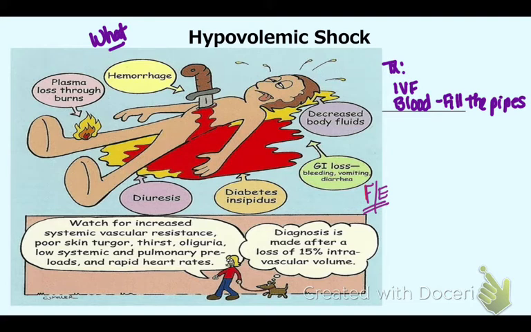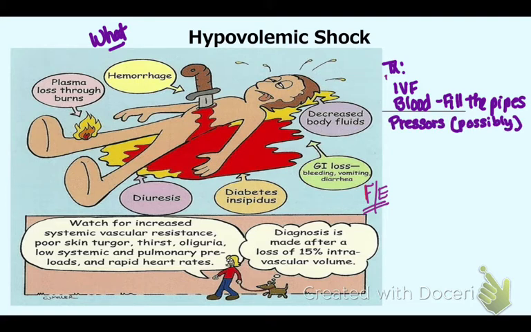And then also look at their skin turgor. Same thing with them. Oliguria. Are they urinating? Are they getting blood flow to the kidneys? Are they getting enough blood flow to the kidneys? And then, of course, we're treating them with IV fluids, with blood if we need to fill the pipes, if there's a hemorrhage, and then also pressors possibly.